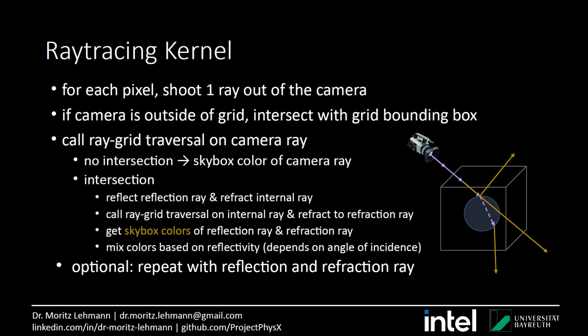For the internal refraction rays, I calculate one more reflection or refraction out of it, and then get the skybox colors and mix them together. This can also be repeated, not recursively but in a loop, because OpenCL doesn't really support recursion. But you can repeat it multiple times to have reflections of reflections and so on.